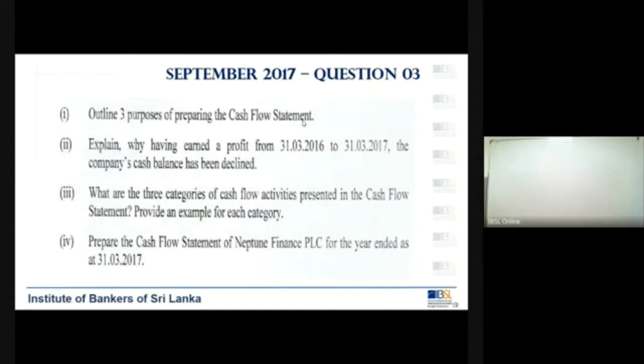The profits of the business is calculated based on various assumptions and principles.